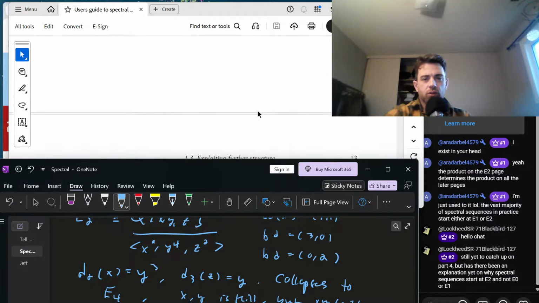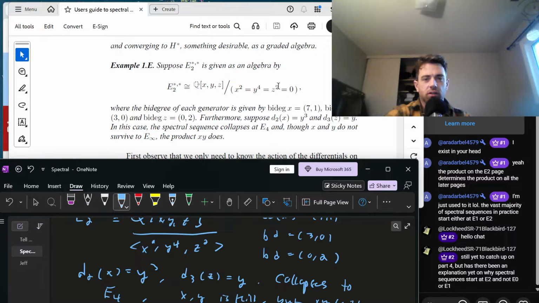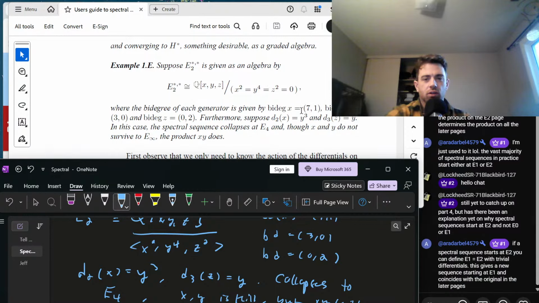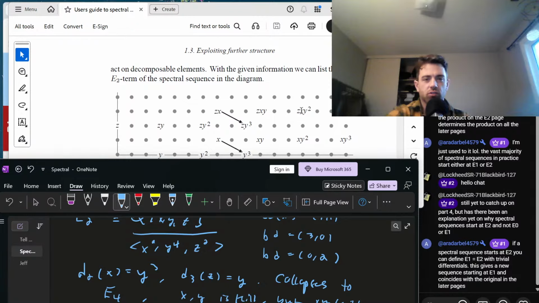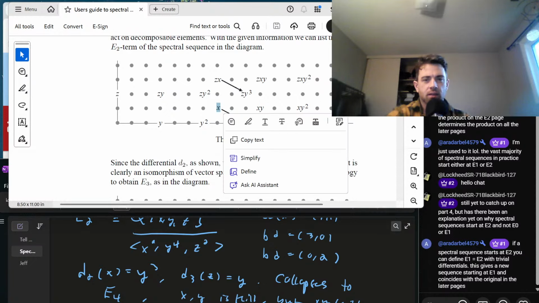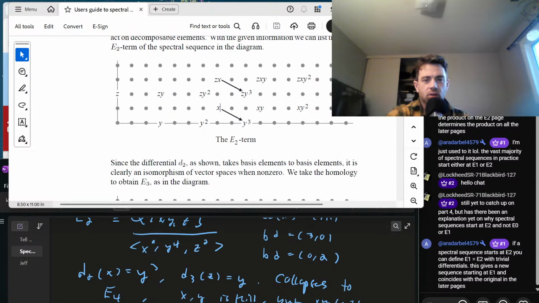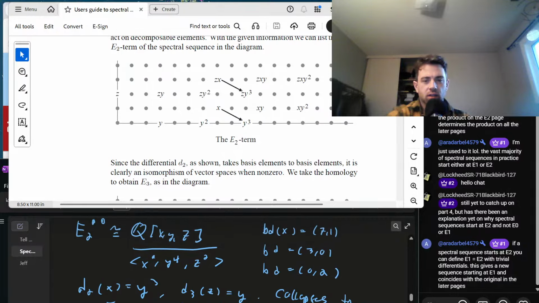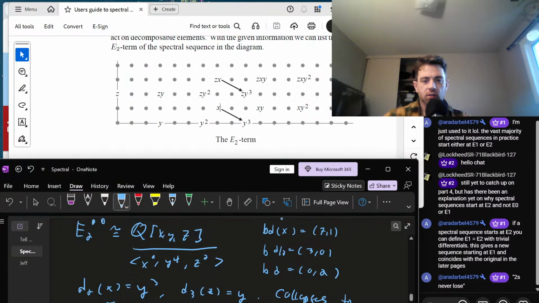I see, right. So x has bidegree 7, 1. Where is x on here? 1, 2, 3, 4, 5, 6, yeah, 7, 1. And y has bidegree 3.